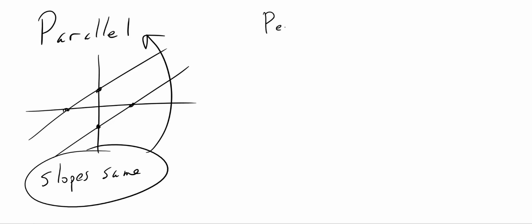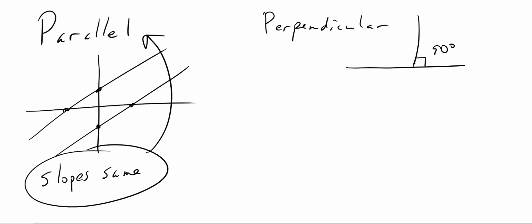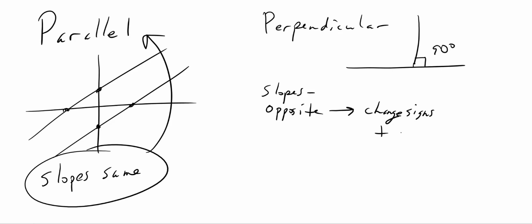And then we have perpendicular. If you have two lines that are perpendicular, they form a right angle, so it's 90 degrees here. Where slopes are the same for parallel lines, for perpendicular lines the slopes are opposite. Opposite means change signs, positive or negative.